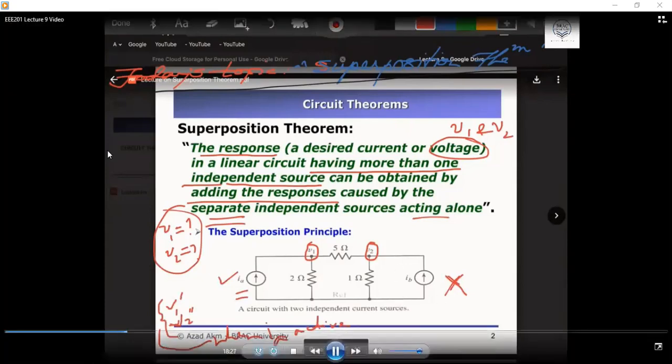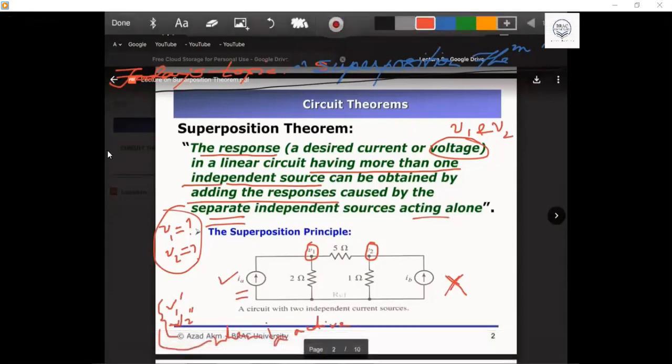And the other one is when IB is active and all others are inactive. That's the blue one. In that case, you find the values of V1 and V2, but they will be named V1 double prime and V2 double prime.